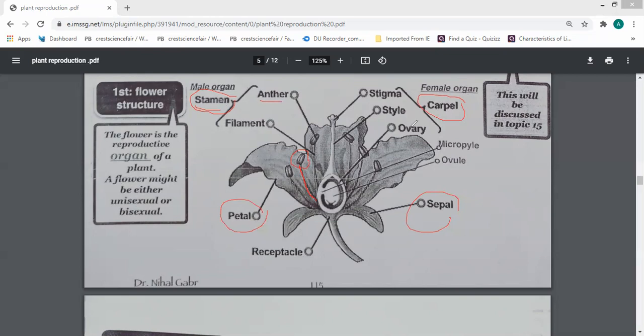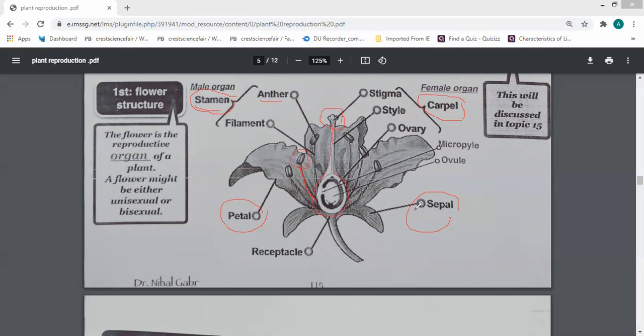And the structure of the female organ, the carpel, has three parts: stigma, then style, and a bulb-shaped part called the ovary.